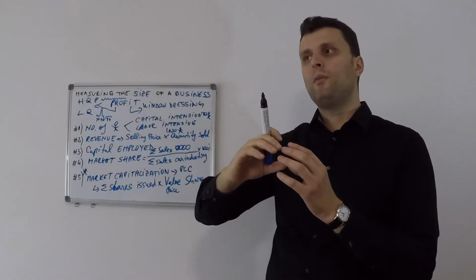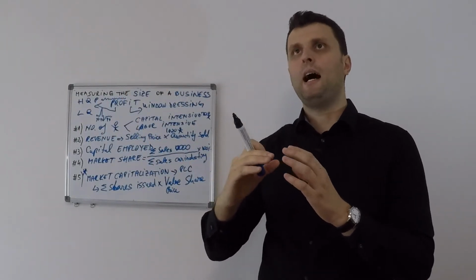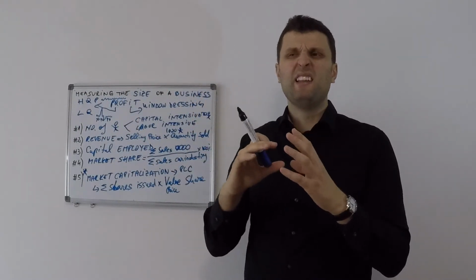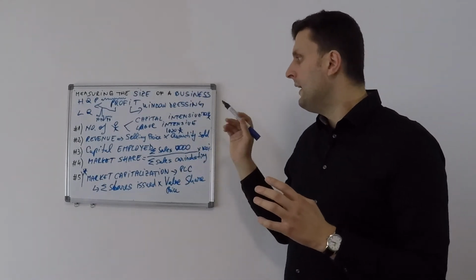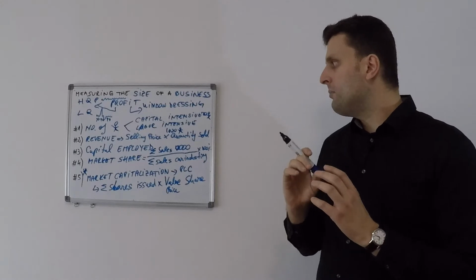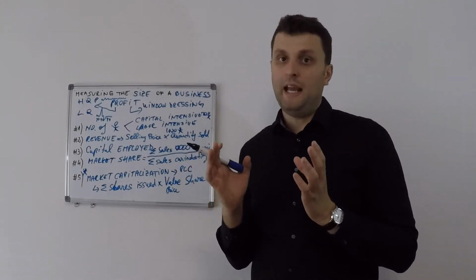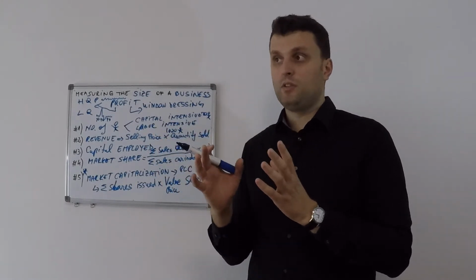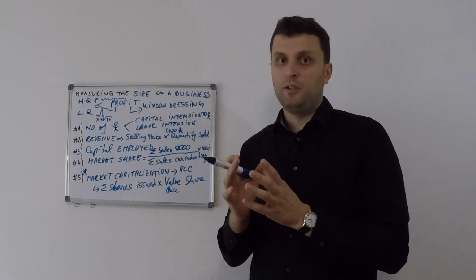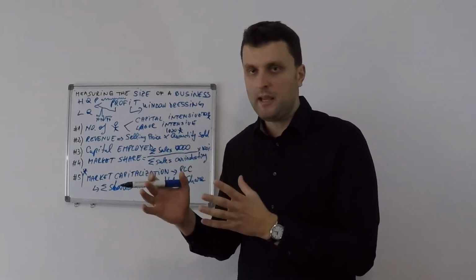So maybe look at the revenue over a year, okay? Just because one month one company had a higher revenue than another company doesn't necessarily make it bigger in size, okay, or better. Number 3 would be capital employed, and here it would be very obvious that the sum of money that was invested in that business will actually bring you to a certain level because you need to spend money in order to make money.